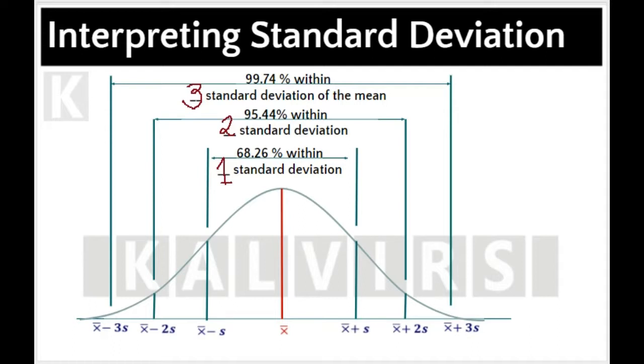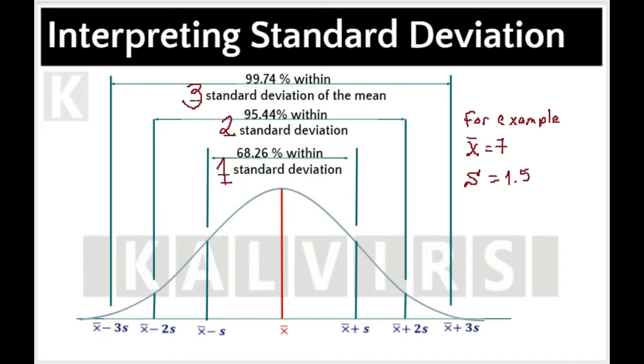For instance, if a certain set has a mean of 7 and a standard deviation of 1.5, then we get the following.